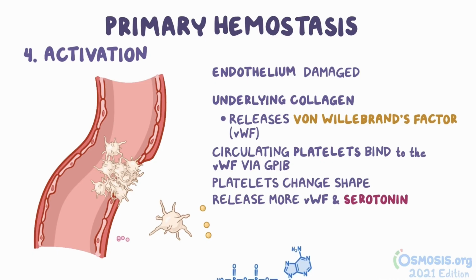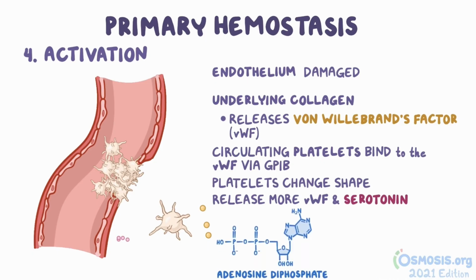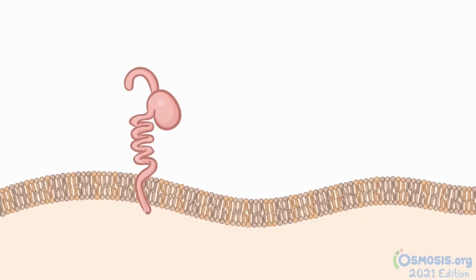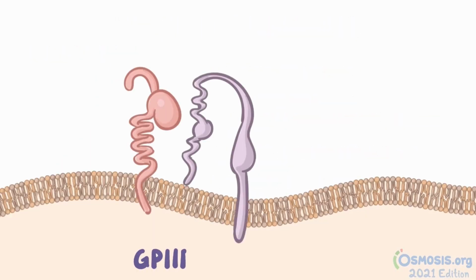Third, the platelets also release adenosine diphosphate, or ADP, and thromboxane A2, or TXA2. These two molecules can activate other platelets that haven't bound to VWF.